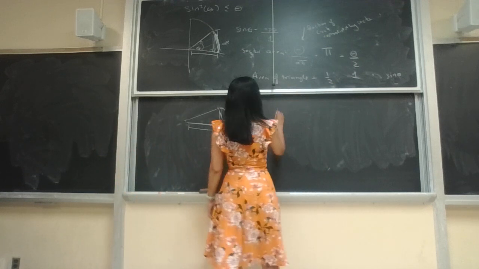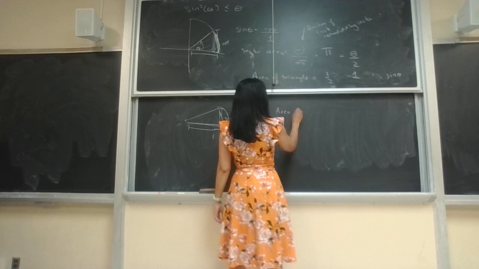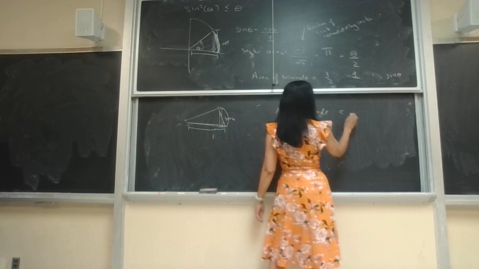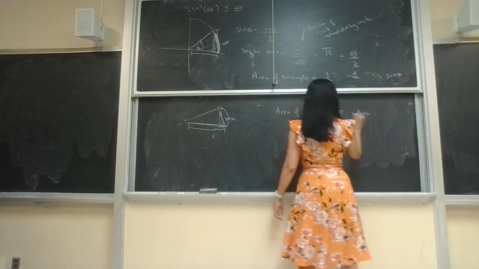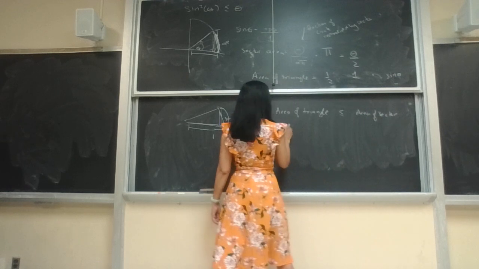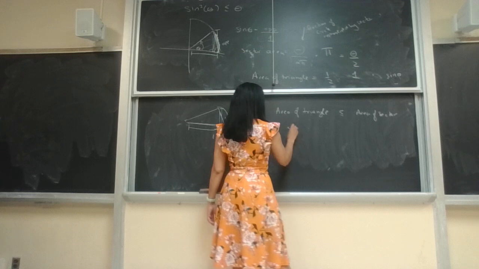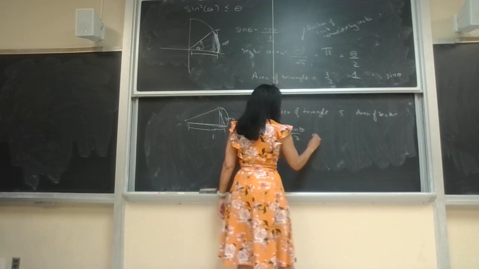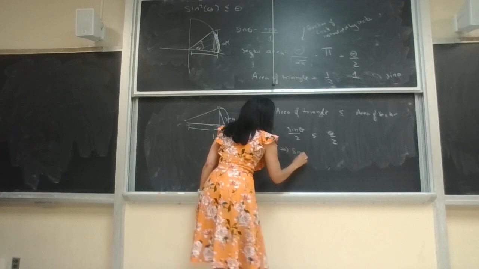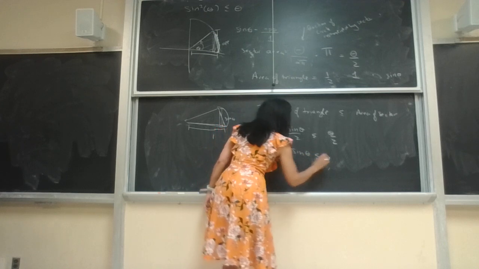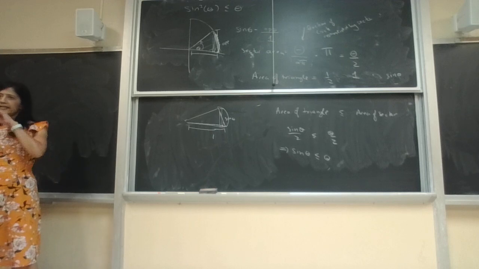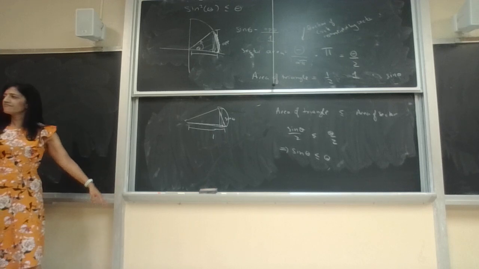And then the area of the triangle is less than the area of the sector. And then I get sine theta divided by 2 is less than theta divided by 2, which implies sine theta is less than theta. Following?